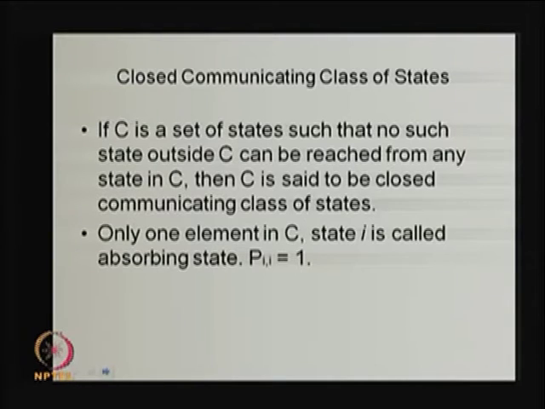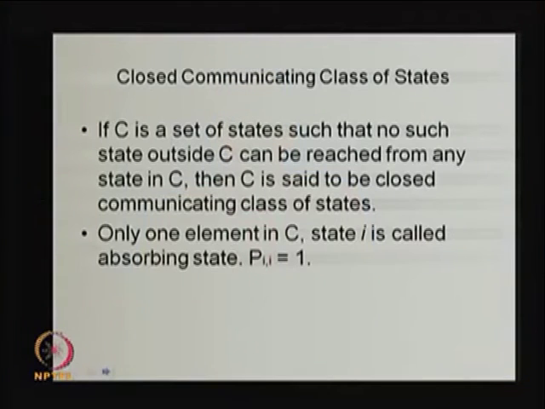If a set of states forming a closed communicating class has only one element, only one state, so that you cannot include one more state, then in that class the state is called an absorbing state.